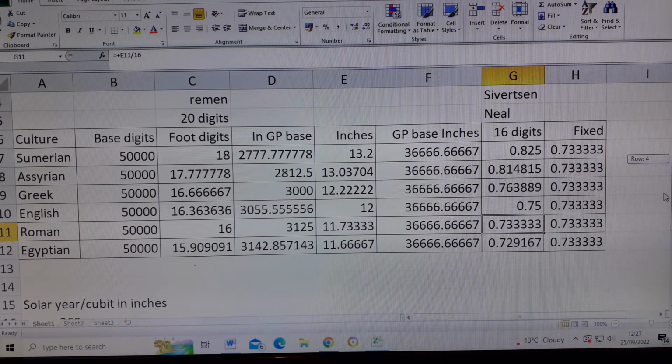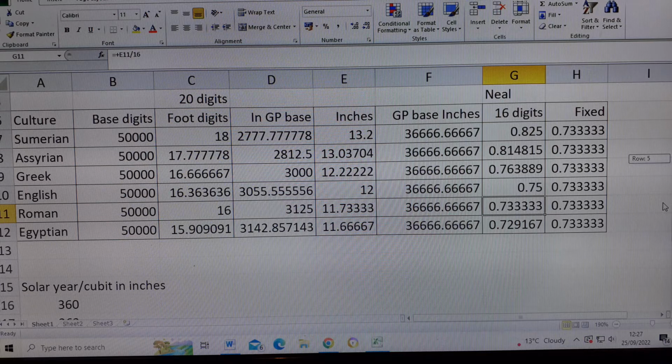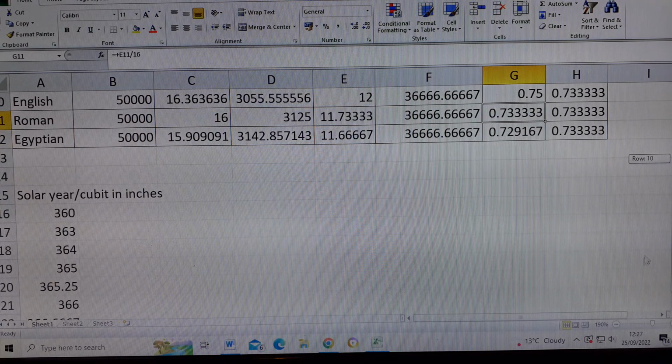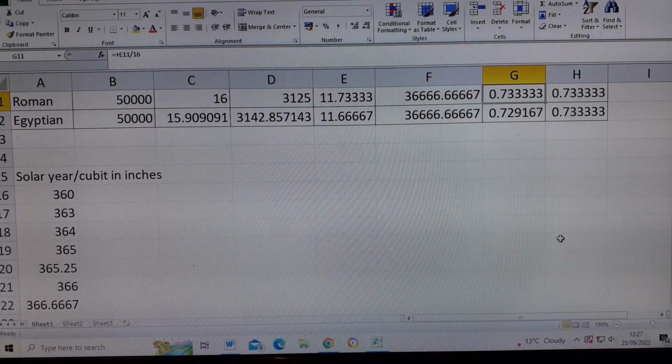Now we're going to move on to the solar year giving the cubit in inches. And the original solar year that the Egyptians used was 360 days. And that then went up to 363, 364, 365, 365.25, 366, and eventually they used 366.666 as proof that they understood how eclipses were being predicted.